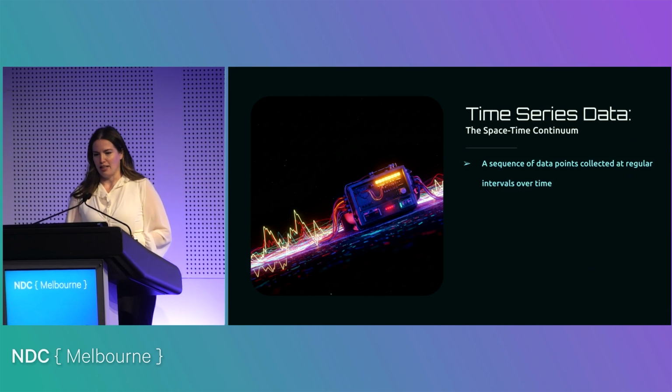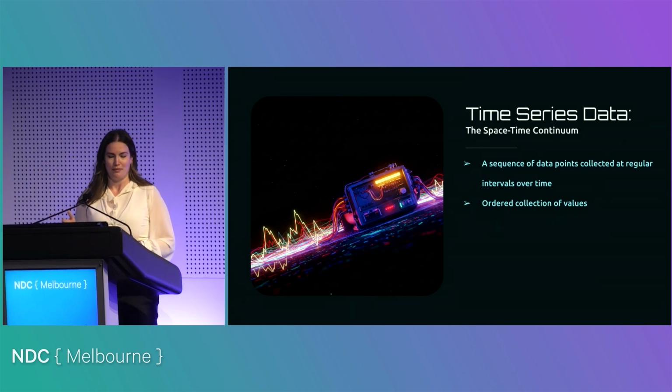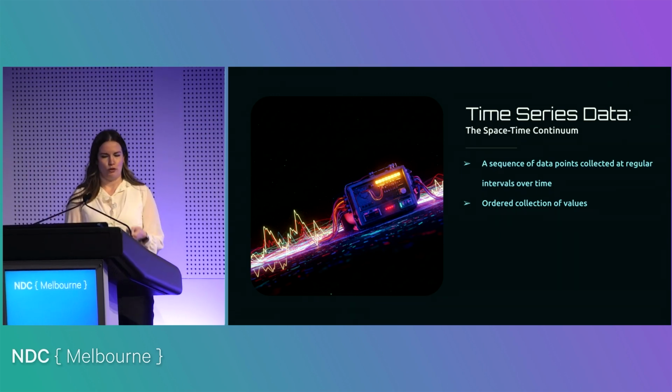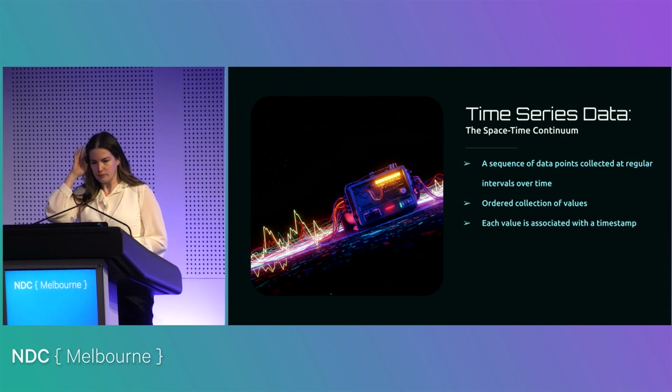It's an ordered collection of values where each value is associated with a timestamp so that you can show how a variable evolves over time. Think of server metrics, sensor readings, stock prices, or application events, really anything that you can measure.